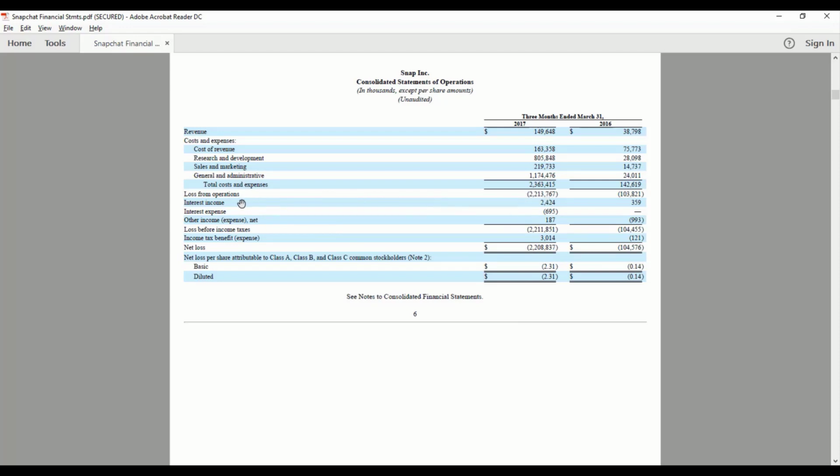But then they had these interest income, interest expense, they had taxes and things like that. So then it came out to be $2.2 billion, or $2.208 billion, I should say. So here's the loss from operations. So if we were to take this $2.213 billion, and then we were to add back depreciation and other non-cash items, we'd get to that $188 million.